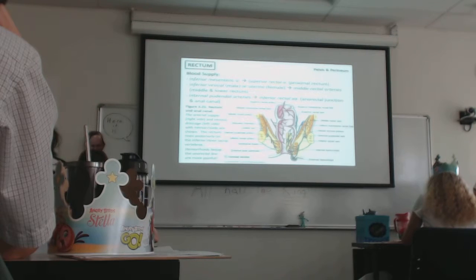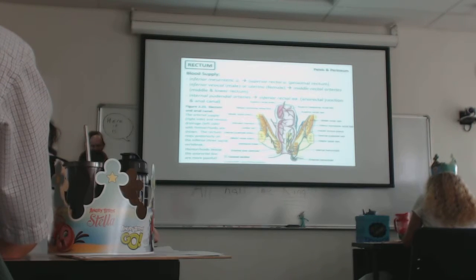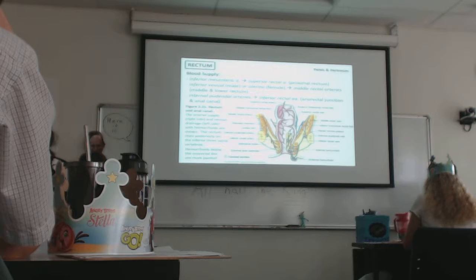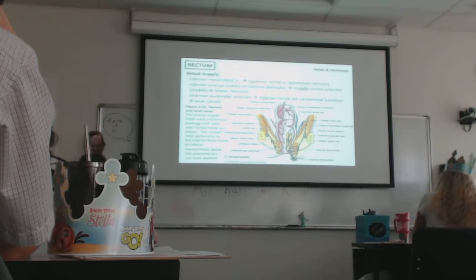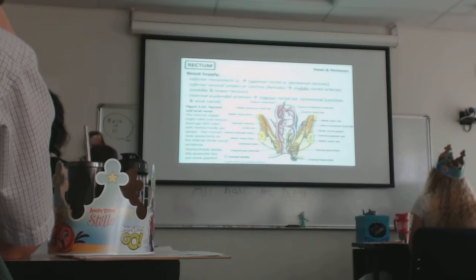We're looking at the blood supply to the rectum here, and there are three rectal arteries: superior, middle, and inferior. Superior, middle, and inferior. We've seen this division of labor before. Superior from the IMA, the inferior mesenteric.